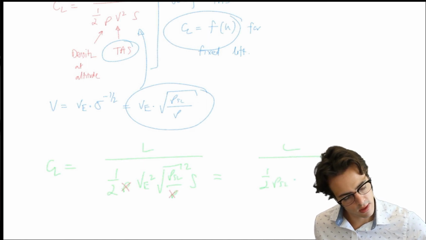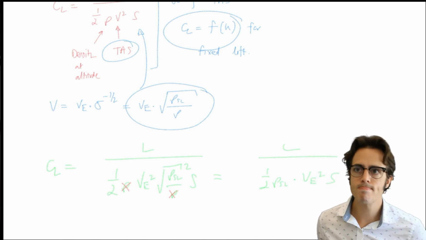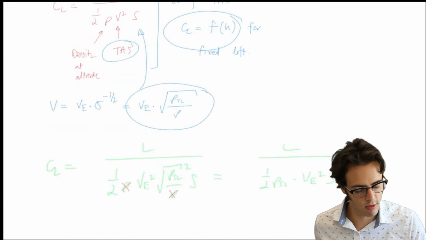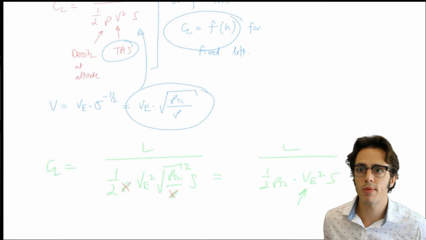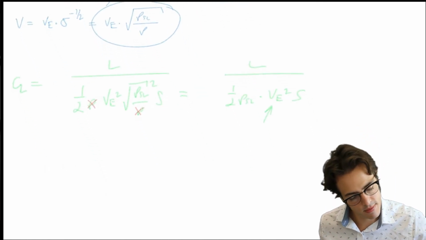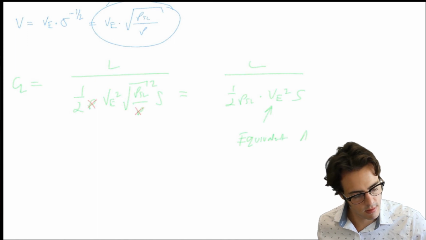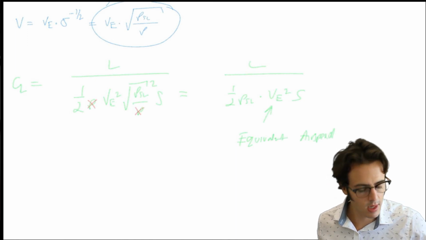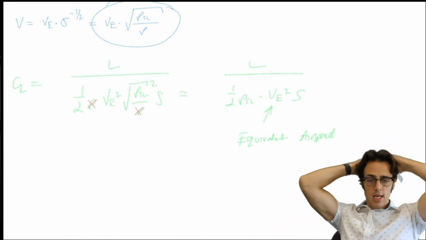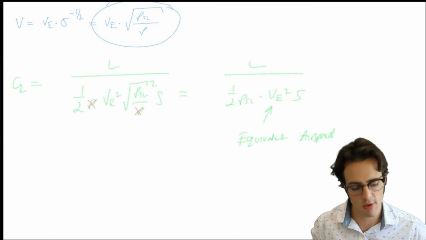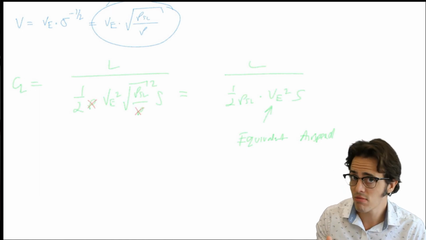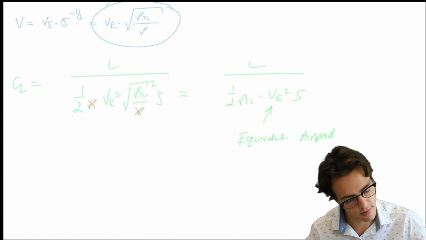Rho sea level VE squared S. Now this is really useful for us. It means that at any altitude, as long as we are talking about a particular equivalent airspeed, then for a given value of lift and a given velocity, we'll have the same CL being produced. Otherwise our CL is going to change with altitude.